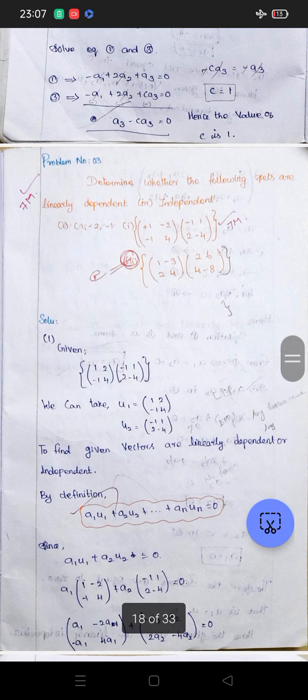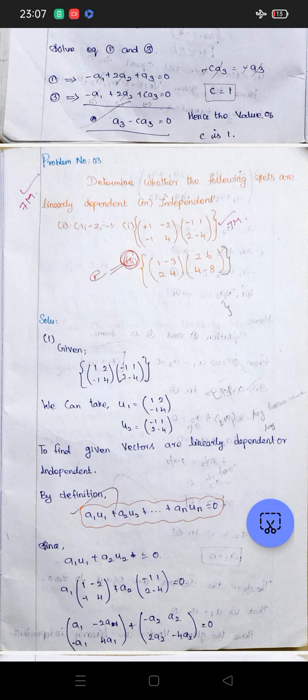Here also 2 vectors are given. For the first problem, the first vector is u1 equal to 1, 2, minus 1, 4 and the second vector is minus 1, 1, 2, minus 4.